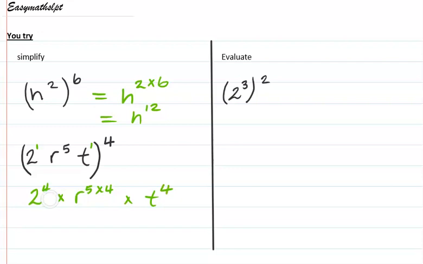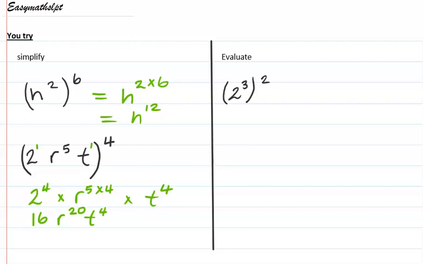Now 2 to the 4th power is the same as 2 multiplied by 2 multiplied by 2 multiplied by 2, which is 16, times r to the 5 times 4 is 20, times t to the 4th power.